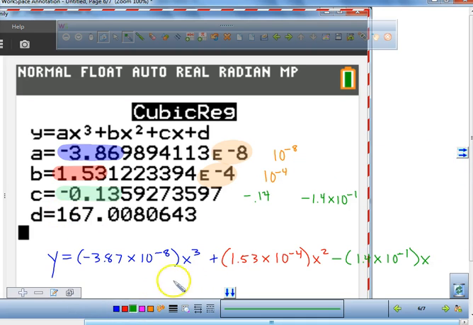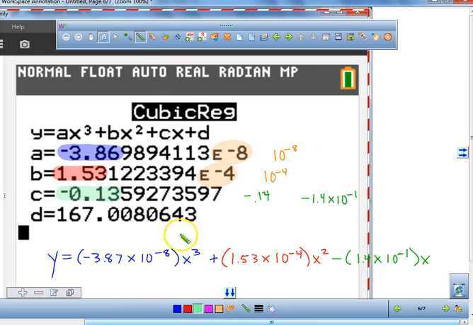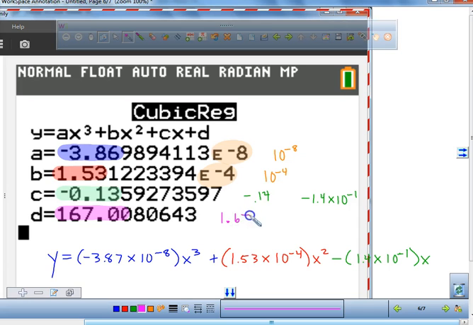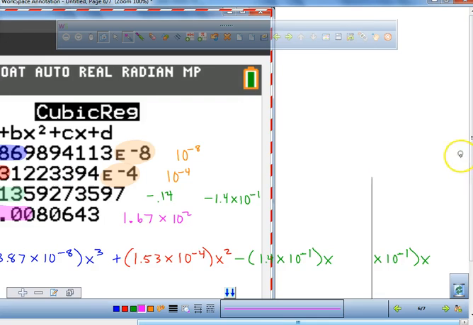And if I wanted to keep everything in scientific notation, that would be 1.67 times 10 squared. So I can say plus 1.67 times 10 squared.